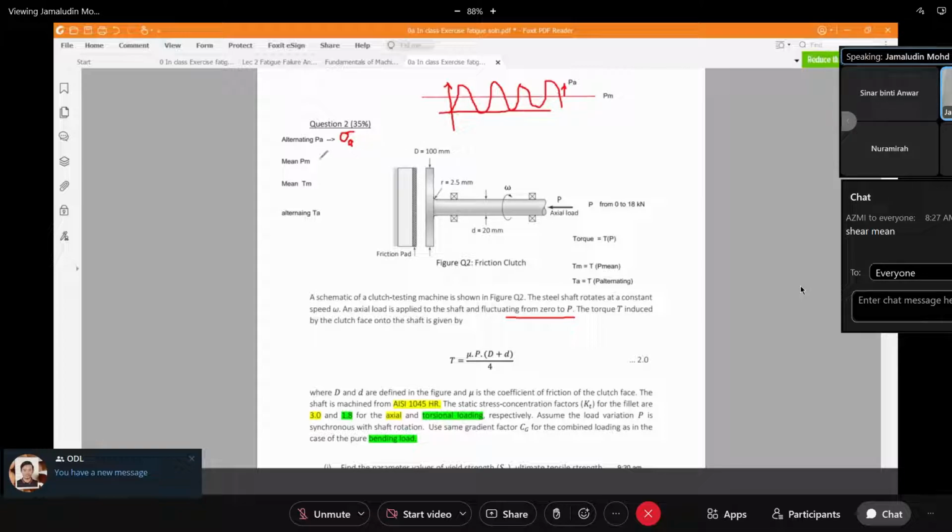The mean for sure will produce the mean, because it's the axial loading that produces a mean. Okay, the mean of the equation here, when you insert the equation with mean, for sure you produce the shear mean. And this one will be, oh sorry.